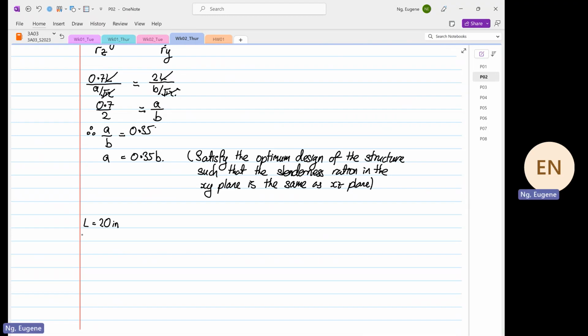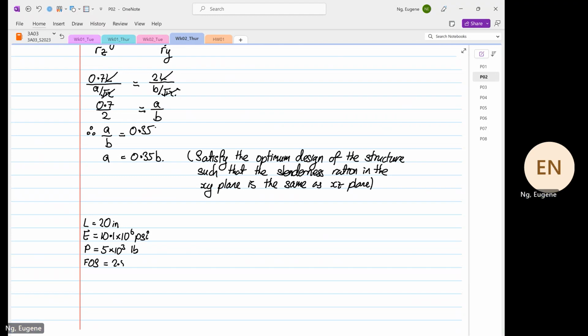The Young's modulus is equal to 10.1 times 10 to the power 6 psi. And then we have the load given, P is equal to 5 times 10 to the power 3 pounds. And the factor of safety is equal to 2.5.